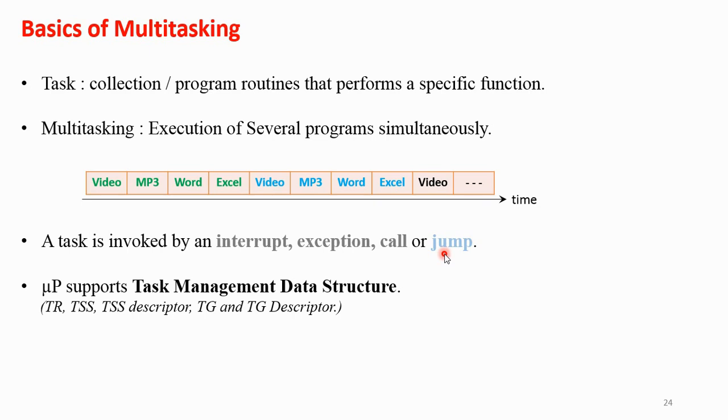These task management data structures are the task register, task state segment, task state segment descriptor, then task gate, then task gate descriptors. In order to have efficient multitasking in protected mode, we will require those task management data structures. So with the help of these task management data structures, we can have multitasking in a protected way. So how does it happen? That we will see.